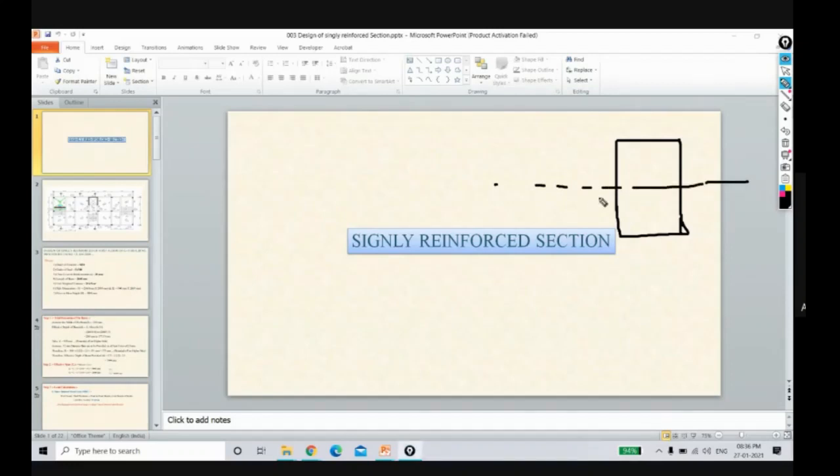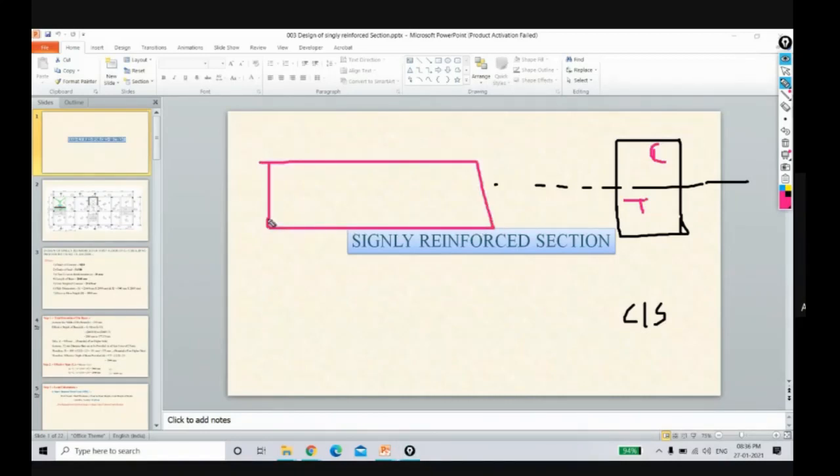Suppose this is the cross section of our beam. In the cross section of the beam, this is our tension side, and this is the compression side. I'm discussing a rectangular simply supported beam. Below the neutral axis is the tension side, and above the neutral axis is the compression side.